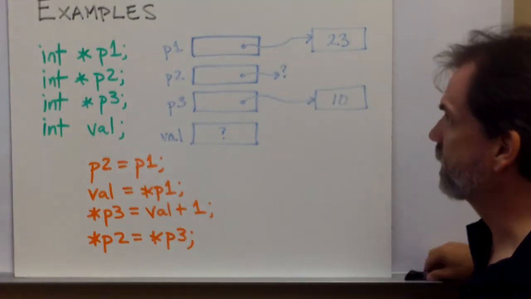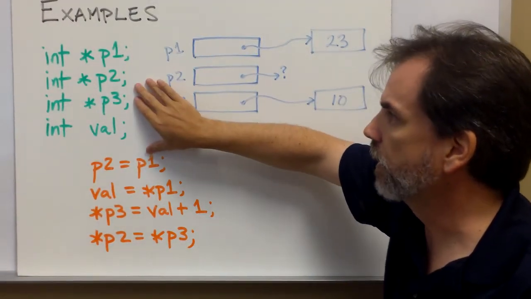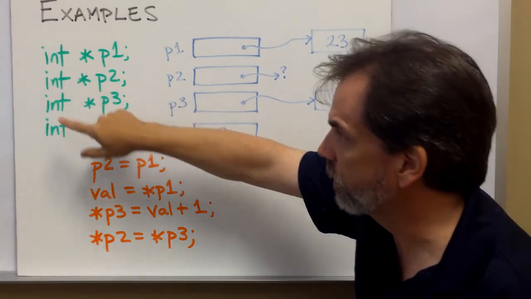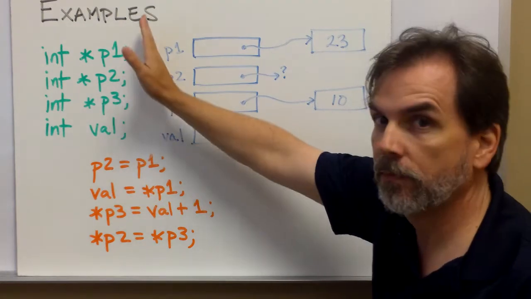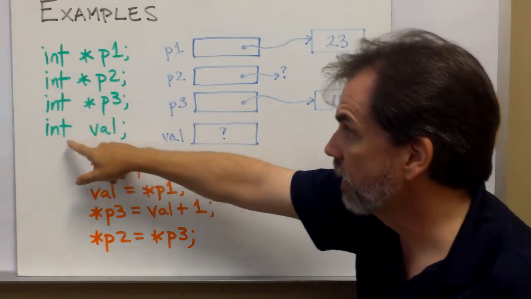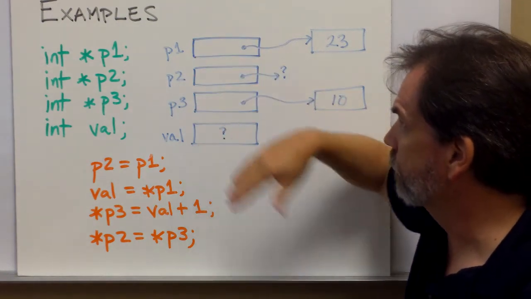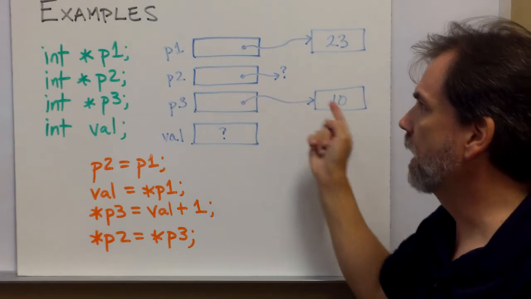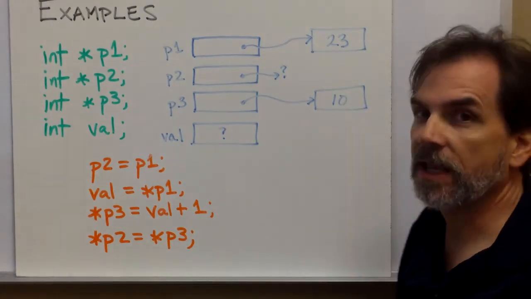Okay, so finally here are some examples. Let's say I've got these variables declared. So p1 is a pointer to an int, p2 is a pointer to an int, p3 is a pointer to an int. We haven't initialized them with this declaration, and val is an integer value. So here I've got boxes for each one of these, and I've just arbitrarily shown what p1, p2, and p3 point to, just for the sake of an example.